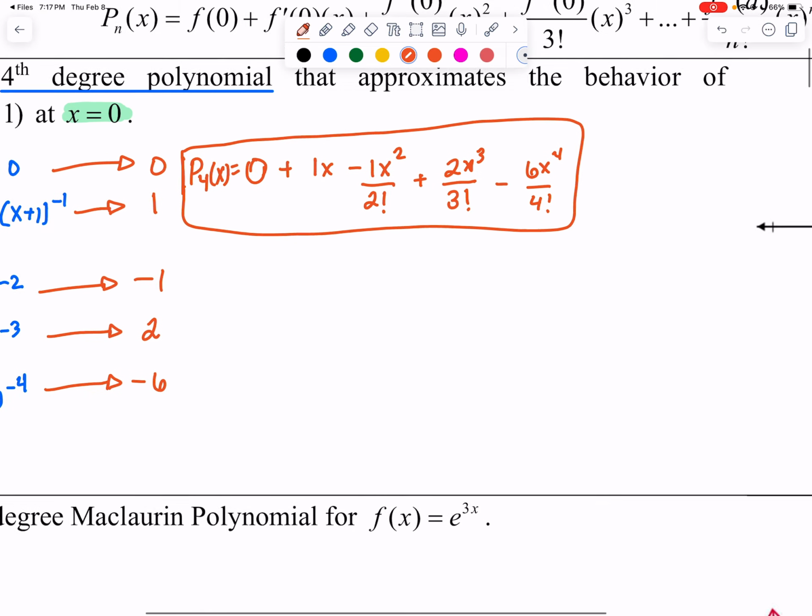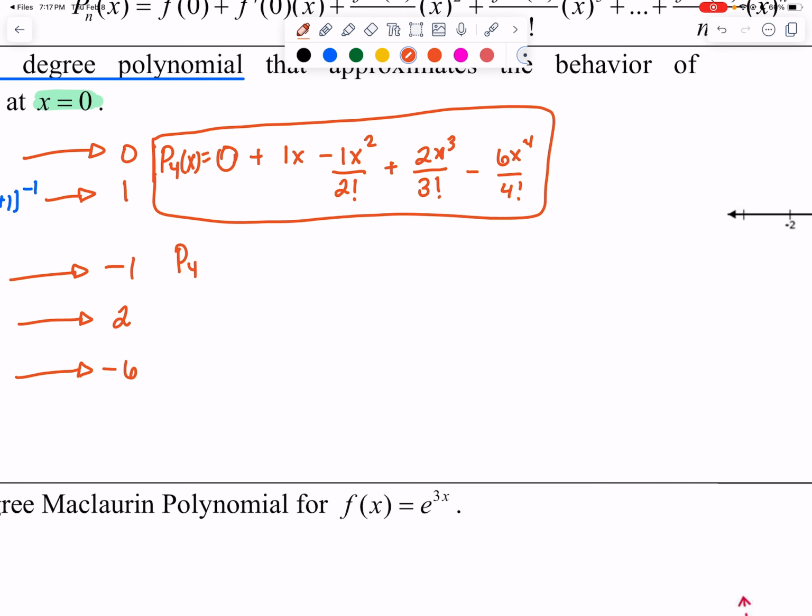So this right here is going to be x minus 1/2 x squared. 3 factorial is 6, so 2 divided by 6 is 1/3, so I have plus 1/3 x cubed.